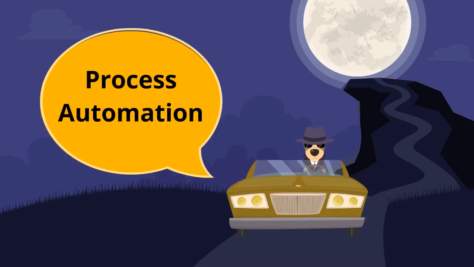What process automation does is take the human out of the process or minimize their intervention. In this way, it'll reduce the risk of errors, speed up the delivery of services, and overall reduce workload.